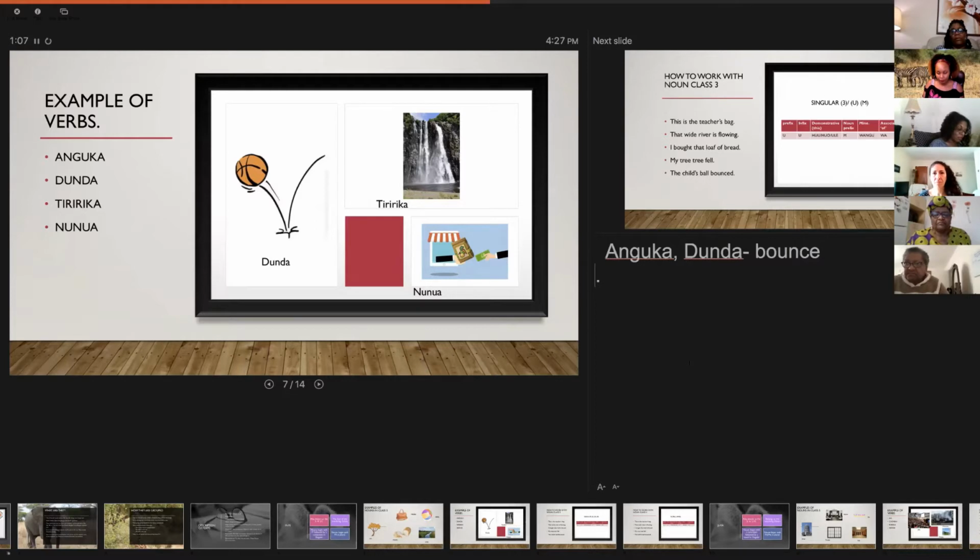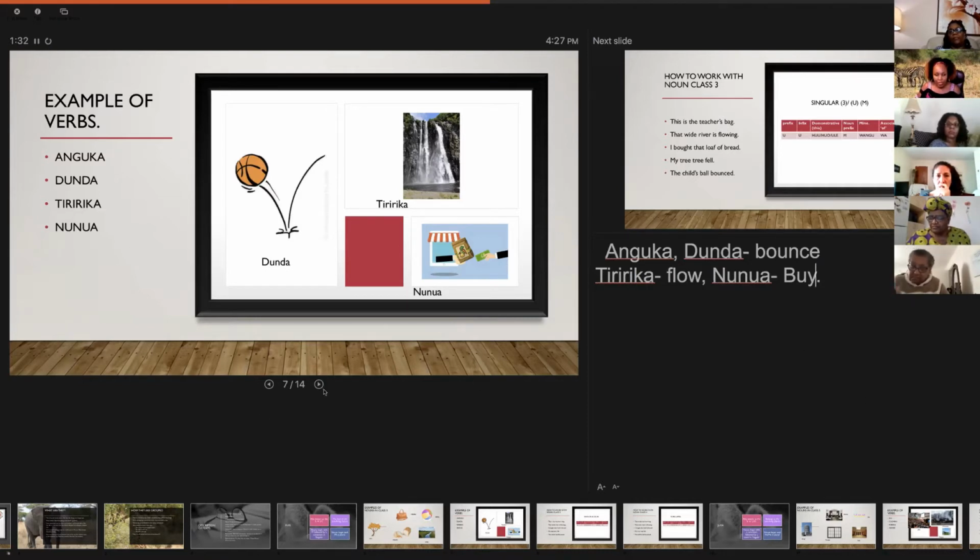Tiririka means to flow. And nunua means to buy. The good thing about verbs is that they are not discriminatory. They use all nouns from all different noun classes. So once you learn a few, you can always keep building on them because they apply everywhere.